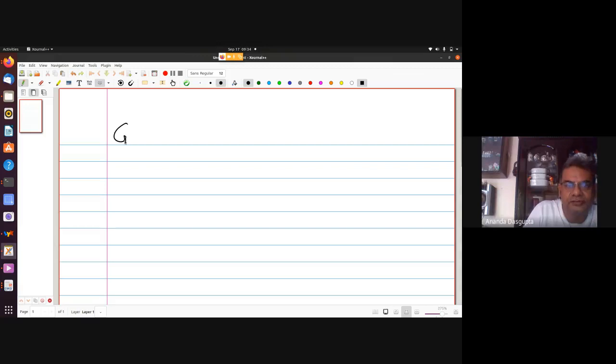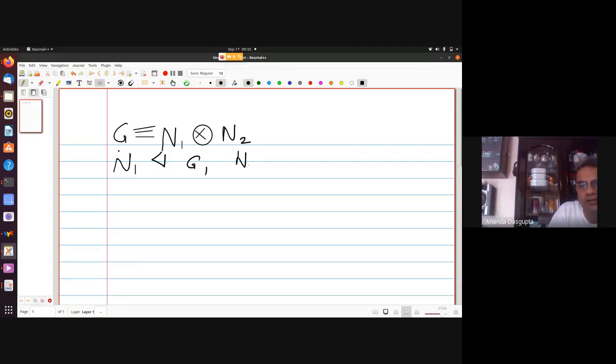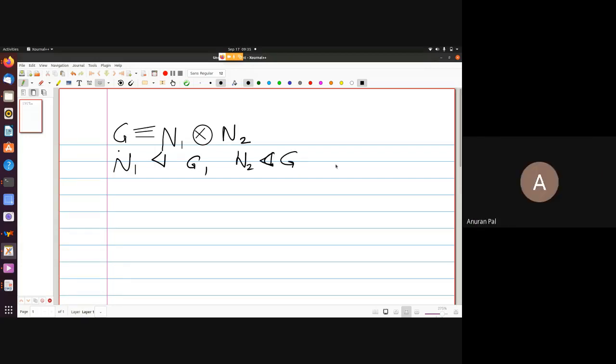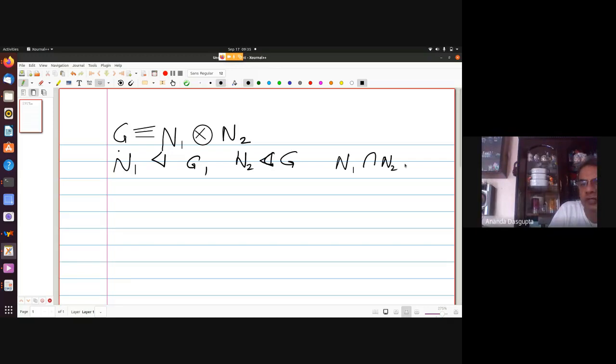Are you saying, what we wanted to show is G is isomorphic to N1 direct product N2, right? So we wanted to show that there's an isomorphism between them. I find that my seat is too low for this. Anyway, we had N1 is a normal subgroup of G, N2 is another normal subgroup of G, and we had N1 intersection N2 equals just one element, the identity.